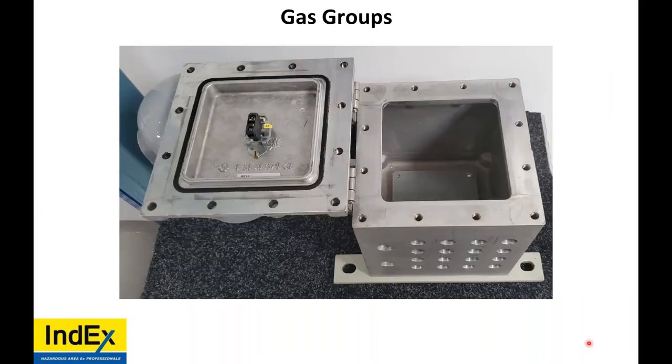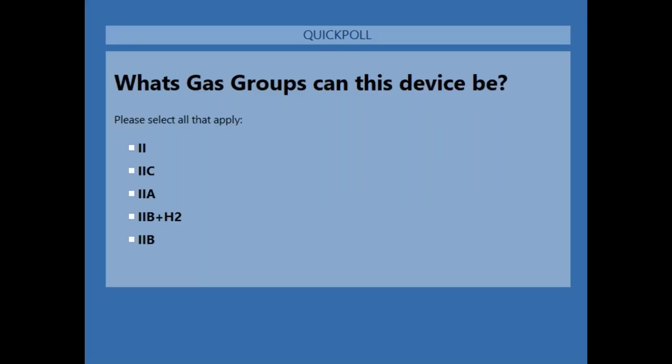Now, when we look at this device, this is a flange type device. We'll ask the question, what gas groups can this device be? So this is a hinge type flange EXD enclosure. Multiple answers.